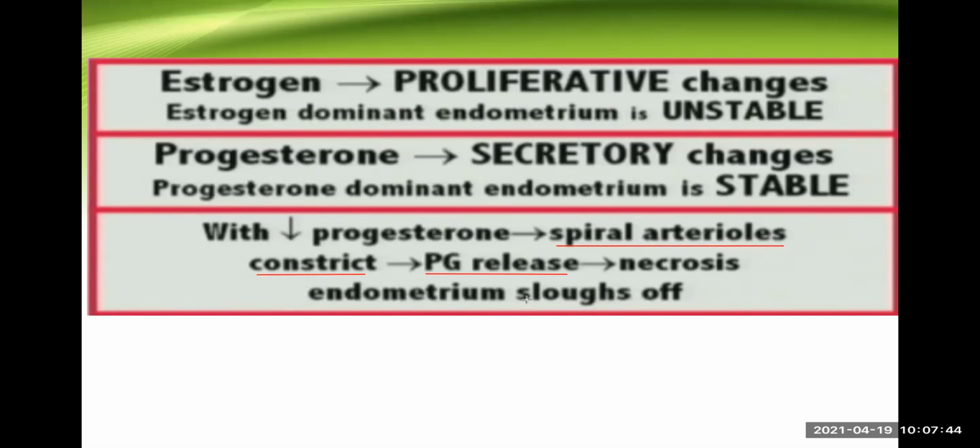Because of all these substances, there will be further narrowing of the spiral arterioles, which leads to necrosis and sloughing of the endometrium. Along with the ovum, which is not fertilized, the endometrium will slough off, and it will come out as a menstrual flow. So this is known as period or menstruation.